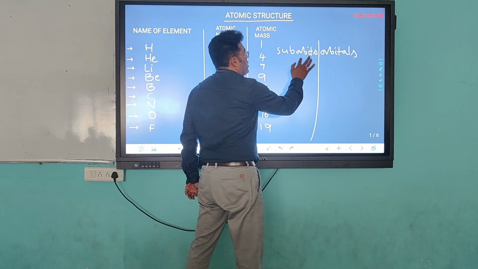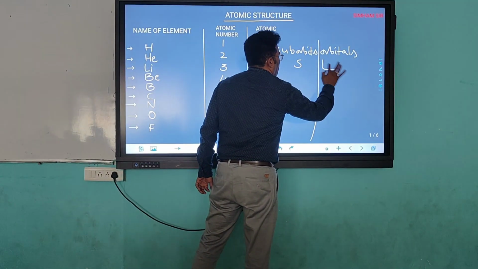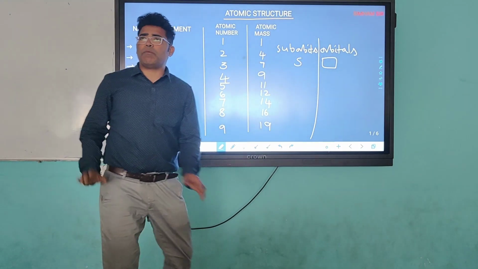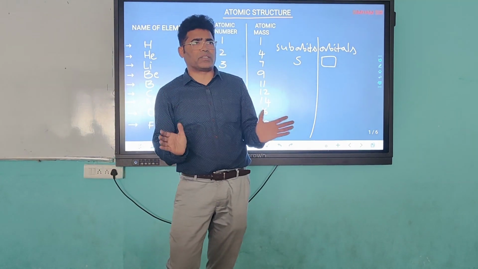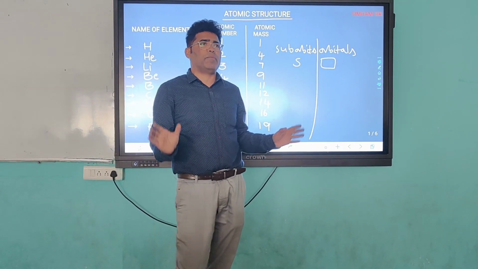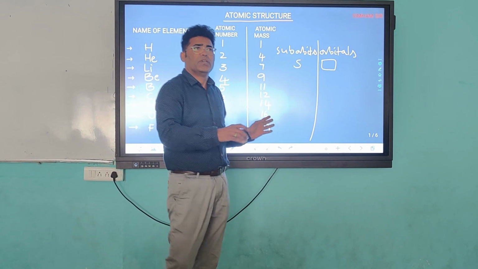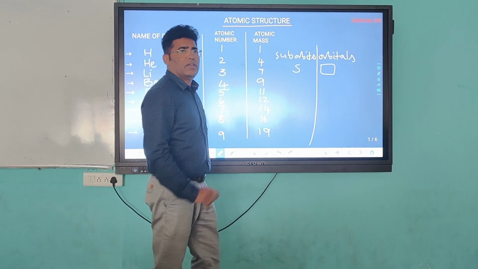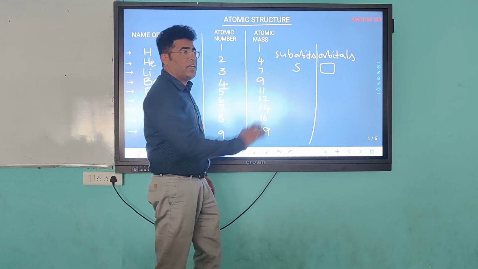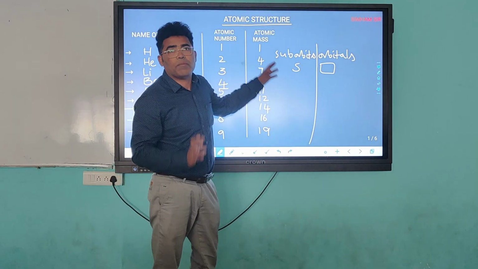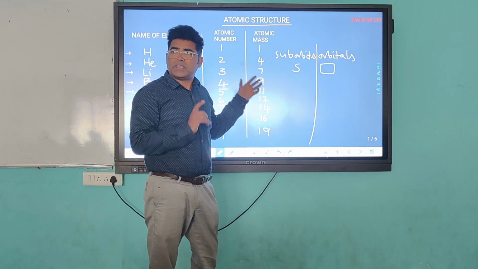Orbitals. S contains one orbital. For our convenience, I am going to represent the orbital as a box. Actually, an orbital is three-dimensional. The shapes of orbitals you will learn at the end of atomic structure. Anyhow, for our convenience, I am going to represent the orbitals as a box.